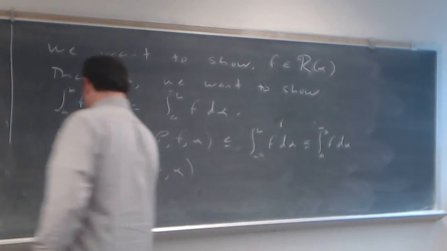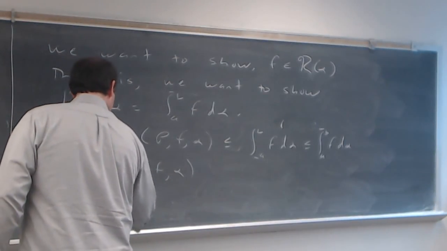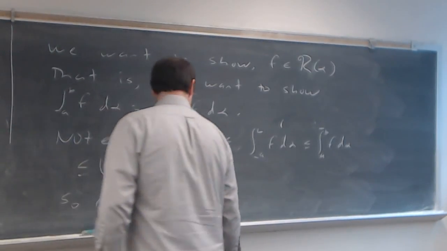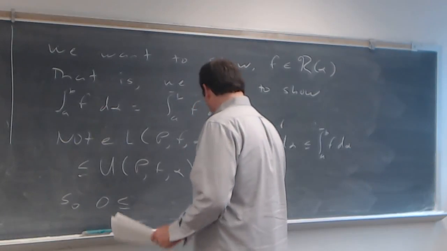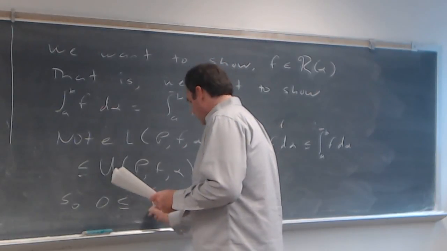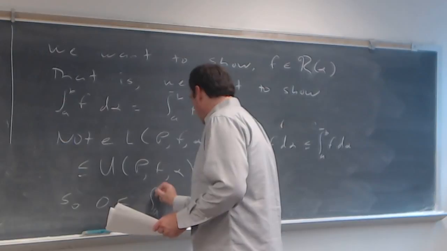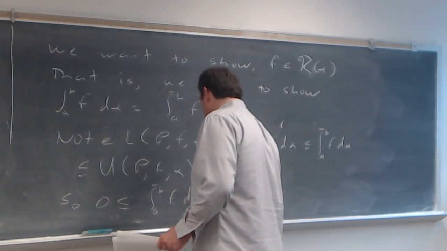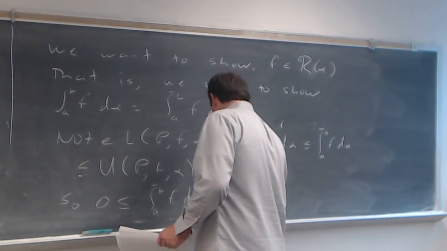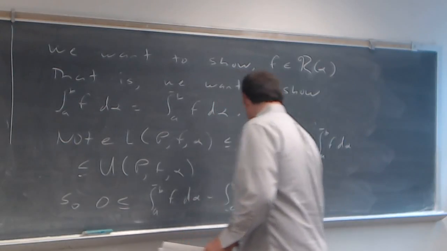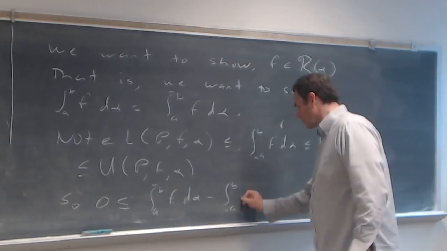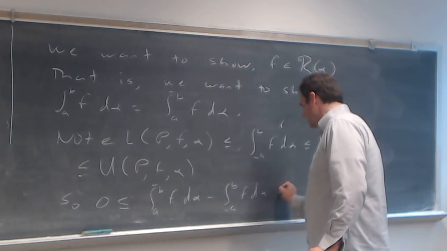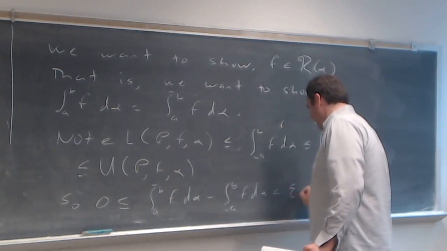That statement gives us that 0 is less than or equal to the upper Riemann-Stieltjes integral minus the lower Riemann-Stieltjes integral, and it's going to be less than epsilon.